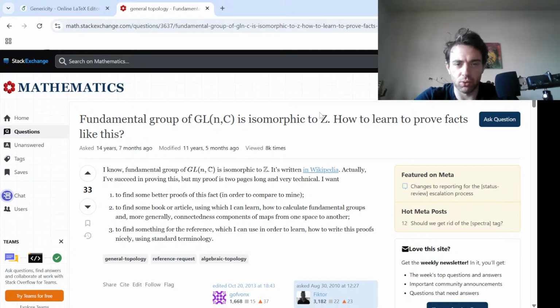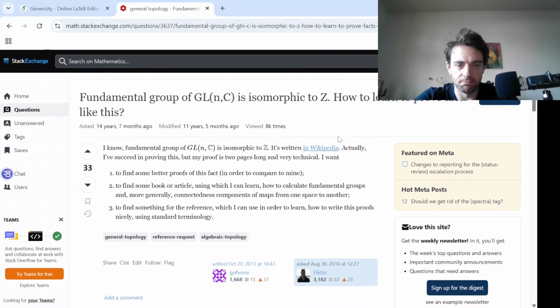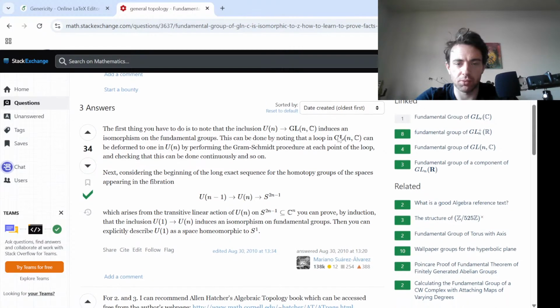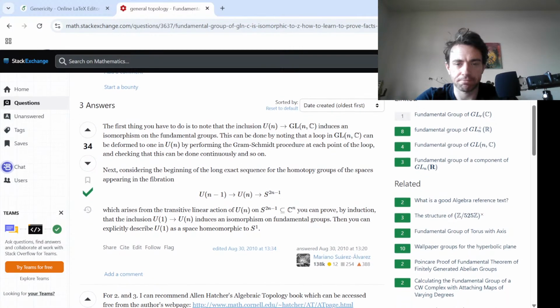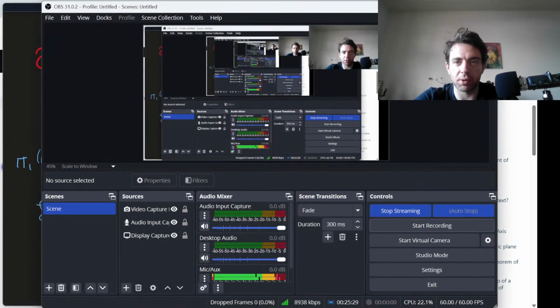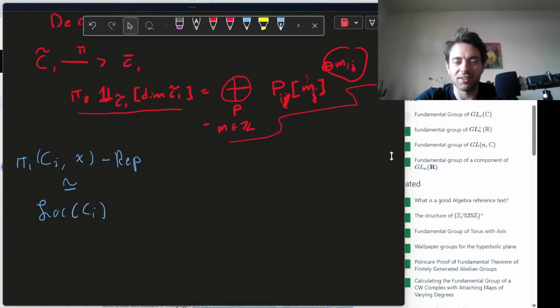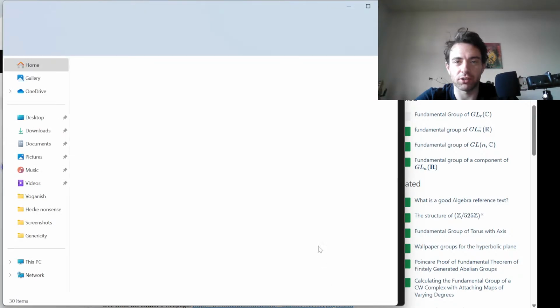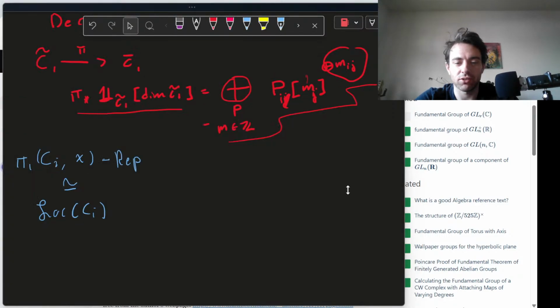Okay, so that's got a lot of representations. Right. So that would be problematic because I would have to consider the local systems corresponding to all of those representations.